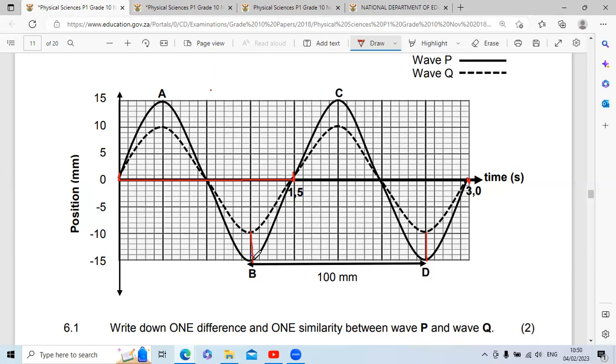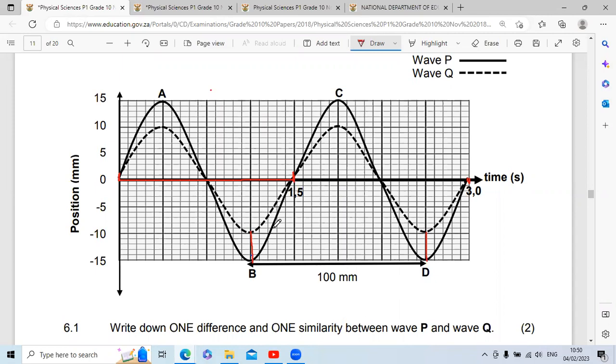But for now, just know that this is a complete wave, and this is a complete wave. So what's different between these two waves is the amplitude, and what's similar is the wavelength and the period.